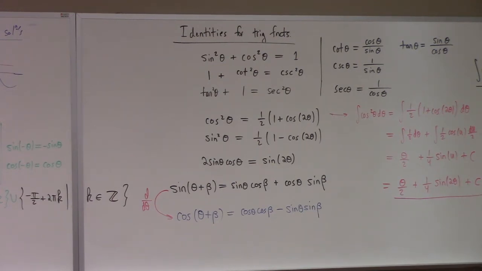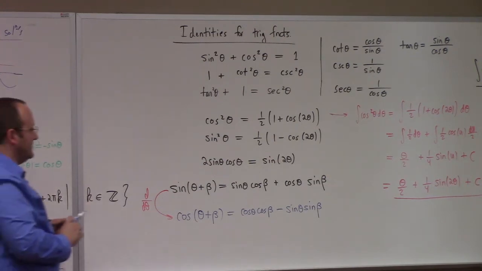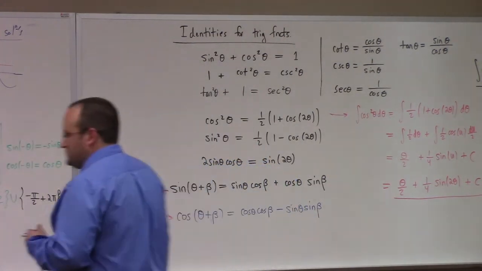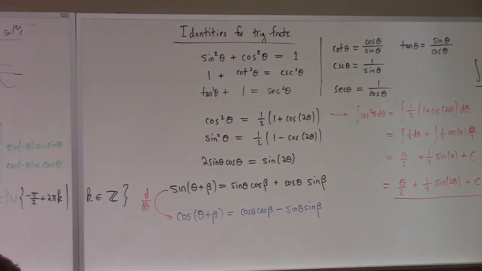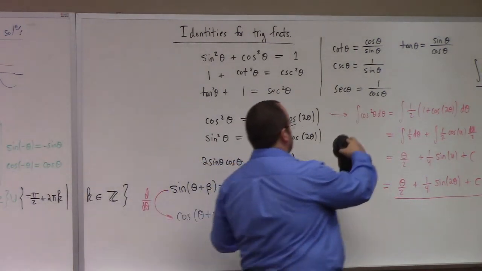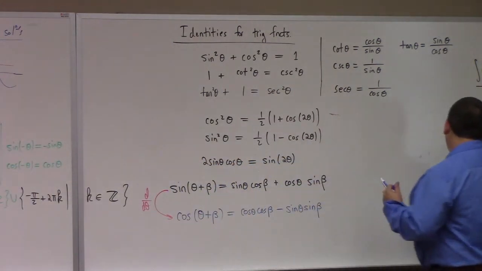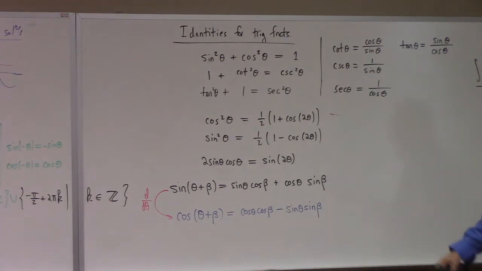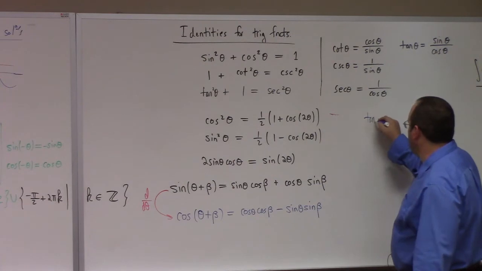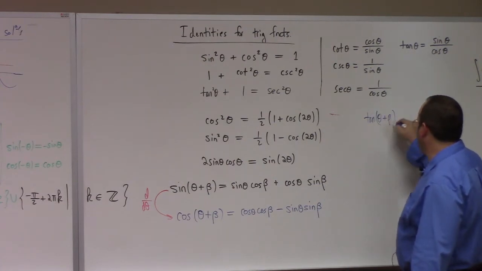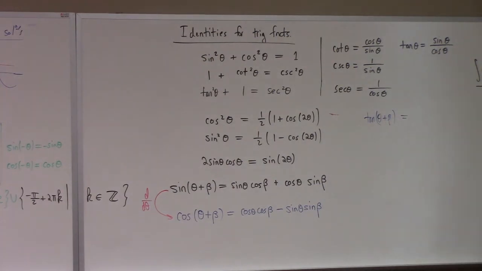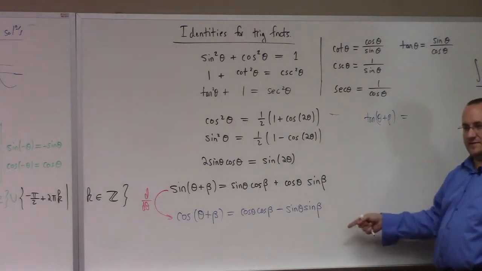There's also an adding angles formula for tangent. How would you get that? What would tangent of theta plus beta be? Well, you just take these and divide them, yeah?